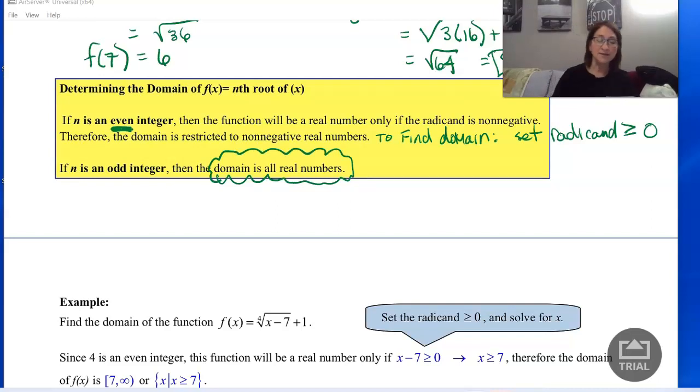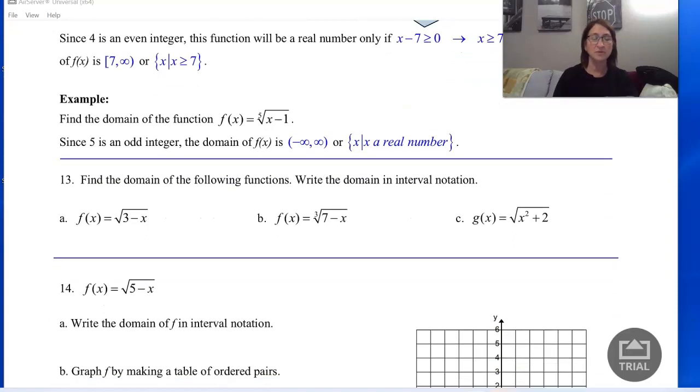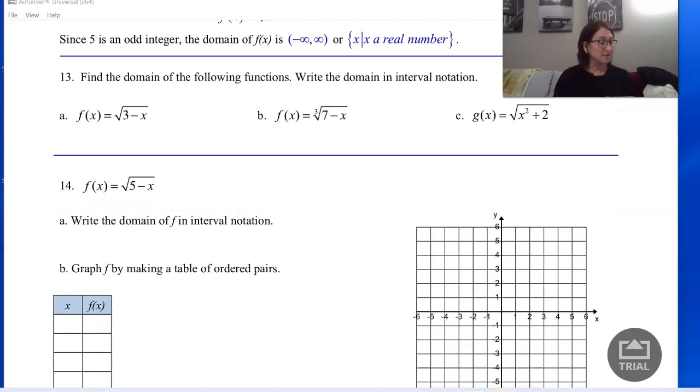Okay. All right. So let's see how that works. Let's just go down to 13. You can look at those examples on your own. So for 13a, I'm going to take 3 minus x and create an inequality greater than or equal to 0. So I'm going to go ahead and subtract 3 from both sides, so I get negative x is greater than or equal to negative 3. I am going to divide by negative 1.